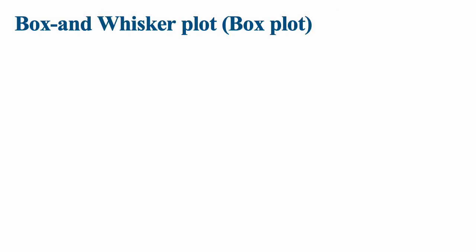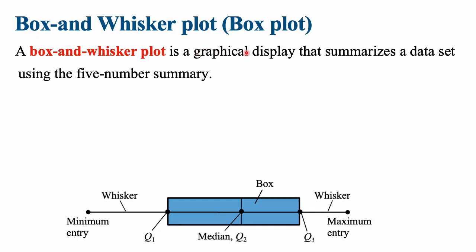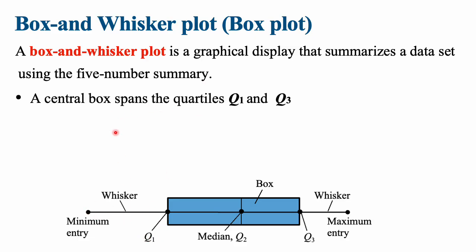Now, we're going to create a box-whisker plot, another way to say box plot. Here is a box-whisker plot. It looks like this. So, what is a box-whisker plot? It's a graphical display that summarizes your data set using the 5-number summary. First, you put Q1 and Q3 and make a box.